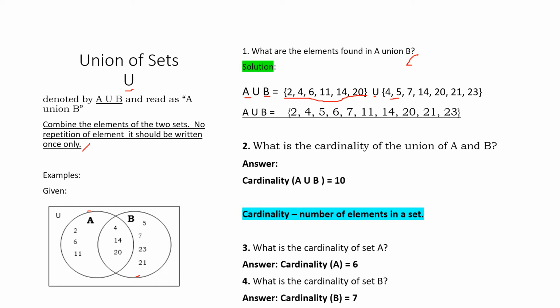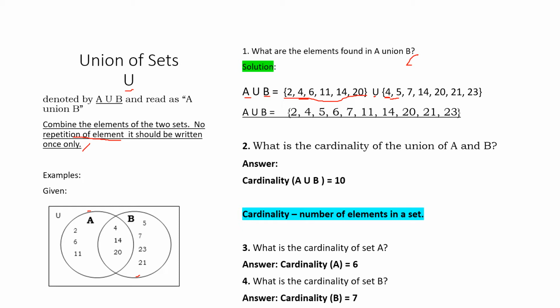But, as you notice, in set A, we have element 4 here. At the same time, we have 4 also in set B. Going back to our definition, it says here that there is no repetition of element. In Filipino, bawal maulit yung element.